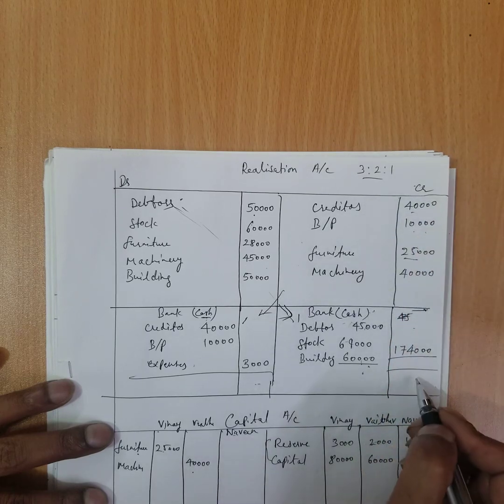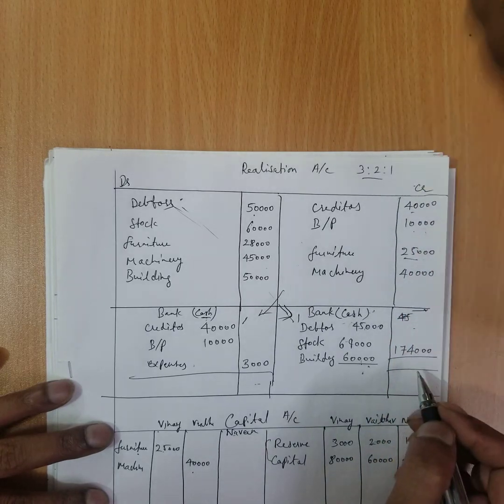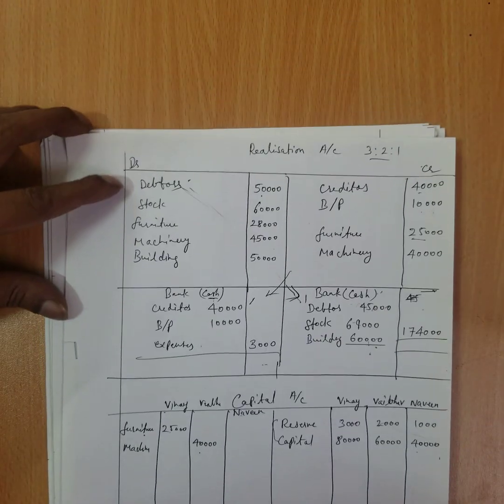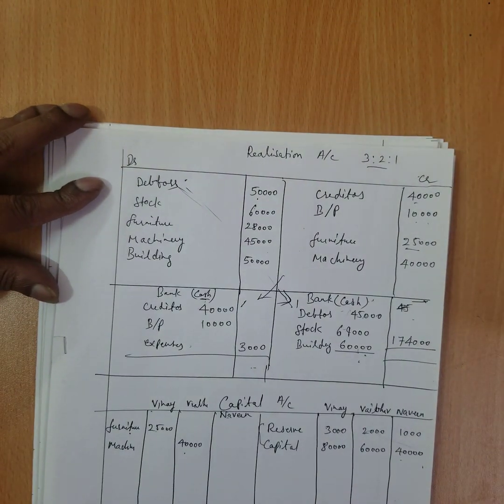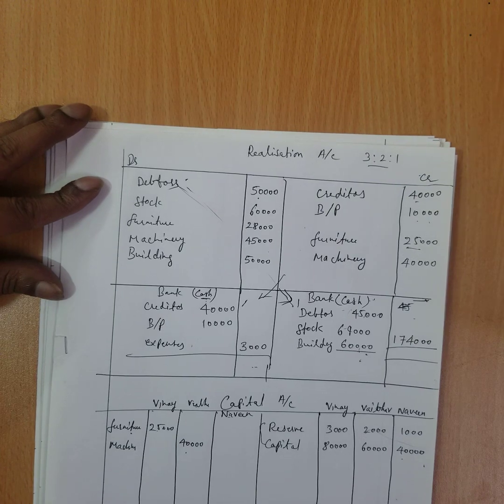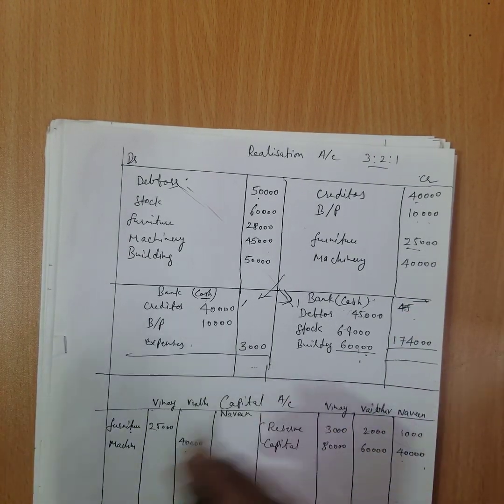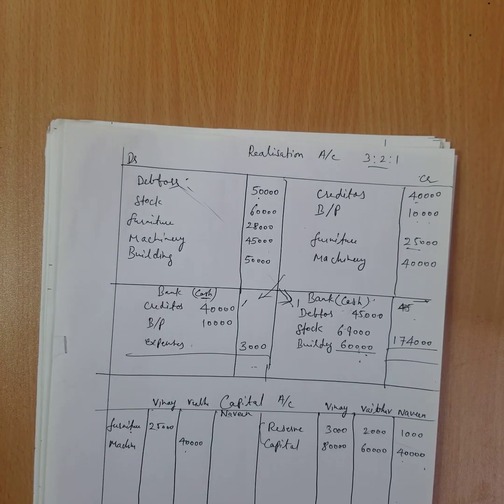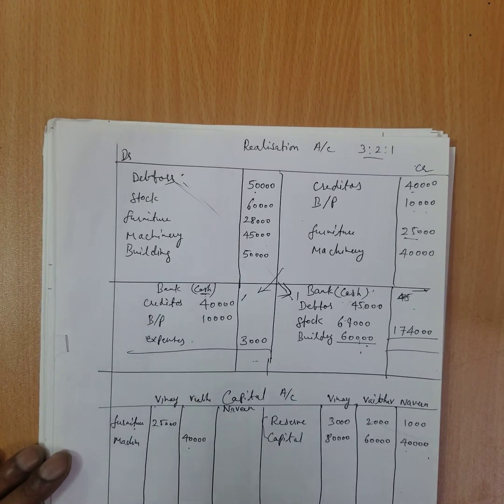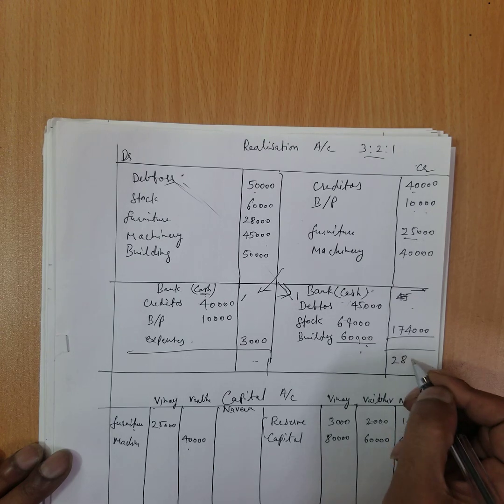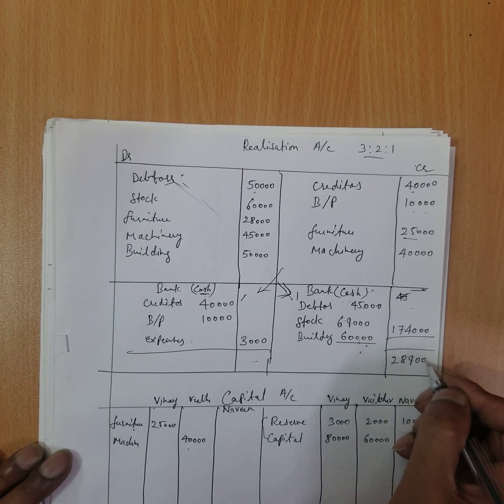Now calculate all the things. How much are we getting? It has come to 2,89,000.